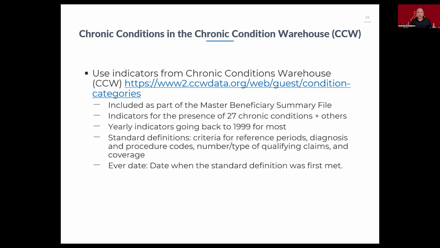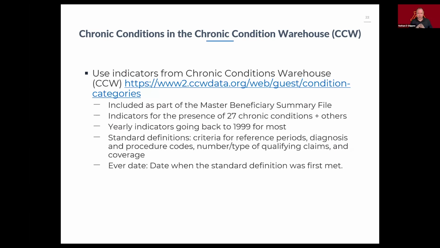These are included as a set of segments in the master beneficiary summary file. When you looked at the MBSF segments that we gave you, one of those segments is the chronic condition segment, and the other is the other chronic and potentially disabling condition segment. So we've got indicators for the presence of several conditions.